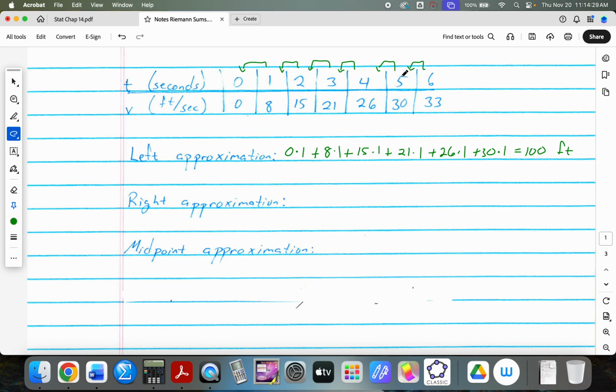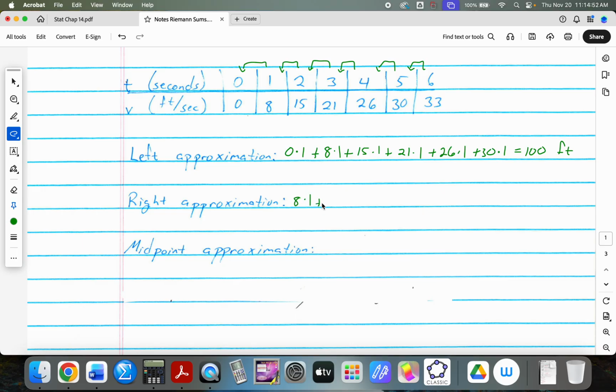I've already done this interval. For this interval of 1 second, I'm using the left hand, and we're assuming that that's always what's going to be the velocity. Now, when we do a right approximation, for this first subinterval, what velocity are we going to use? 8.